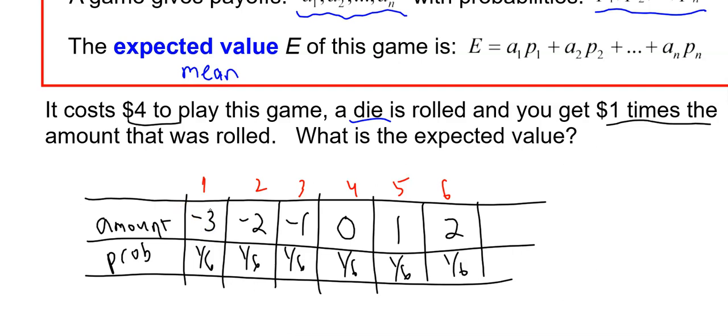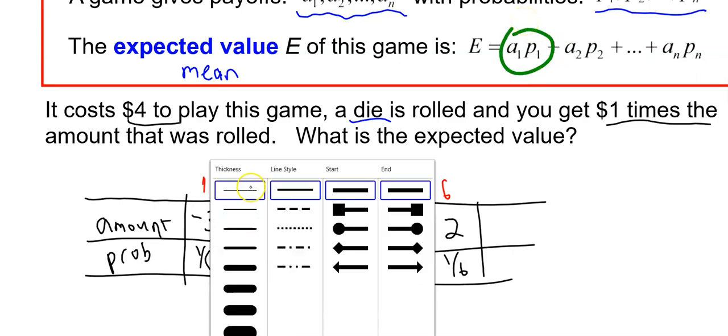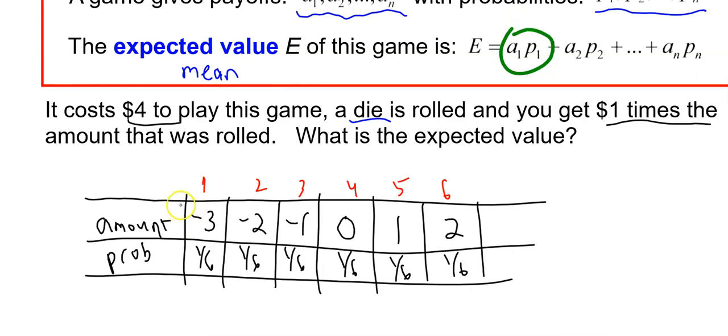So the way this formula works is you're basically taking the amount times the probability. So this is going to be E equals negative 3 times 1/6, plus the next amount times the next probability.